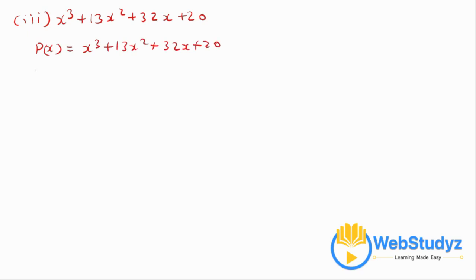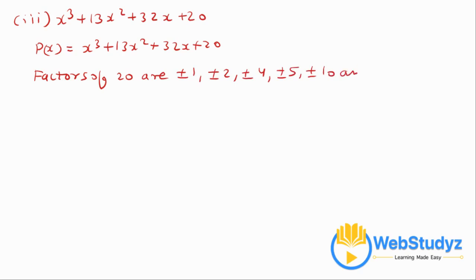Now factors of 20 are plus minus 1, plus minus 2, plus minus 4, plus minus 5, plus minus 10, and plus minus 20.